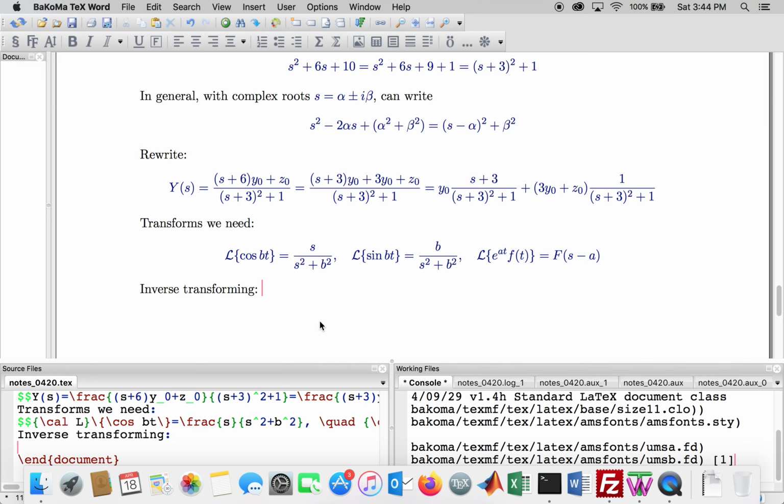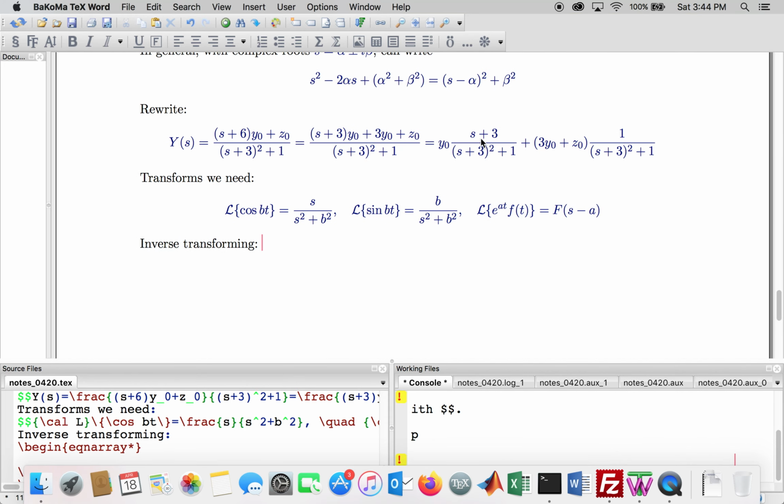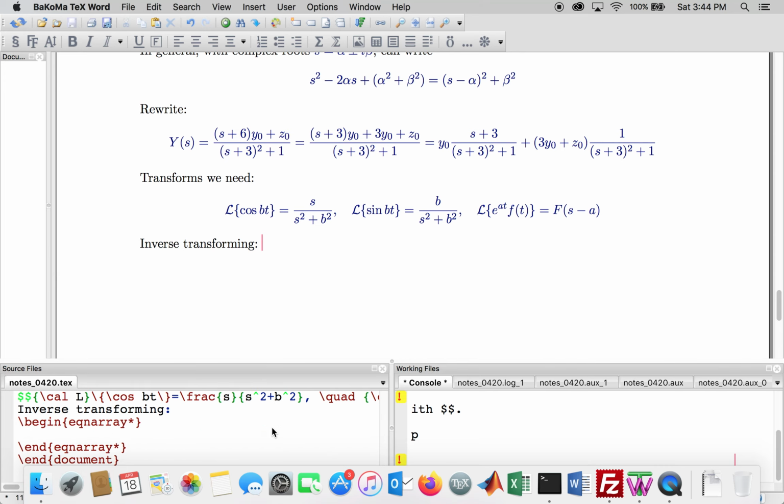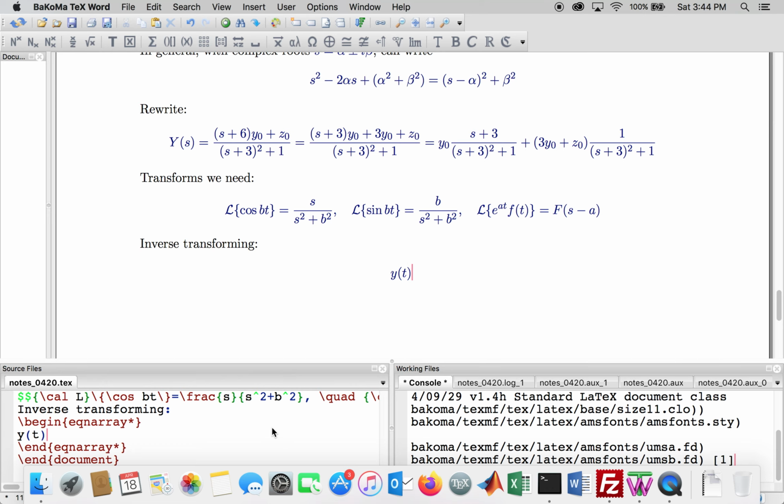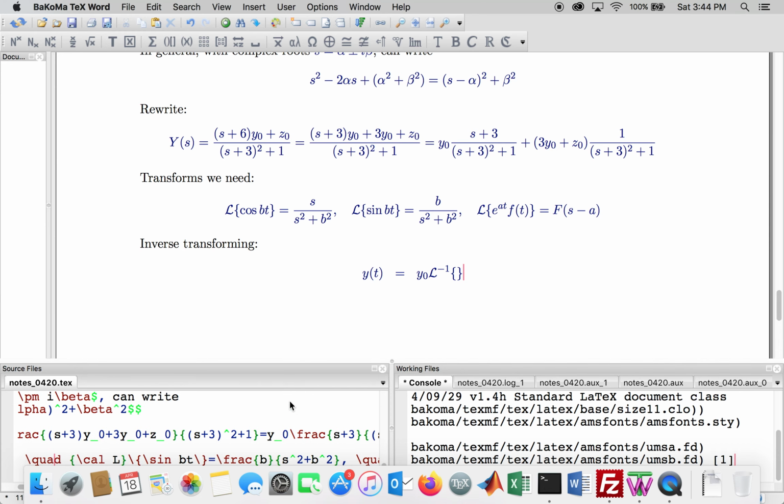Okay, so I want to try to get these to fit these formulas exactly. So what I have is y of t, which is the inverse transform of all of this. But that's going to be y naught times the inverse transform of that fraction that's being multiplied by y naught.